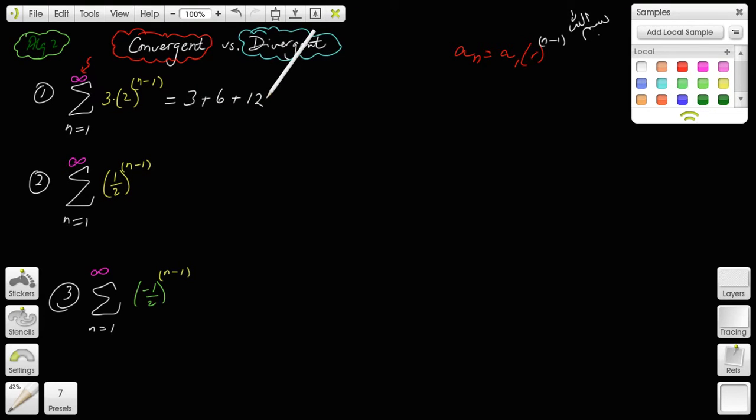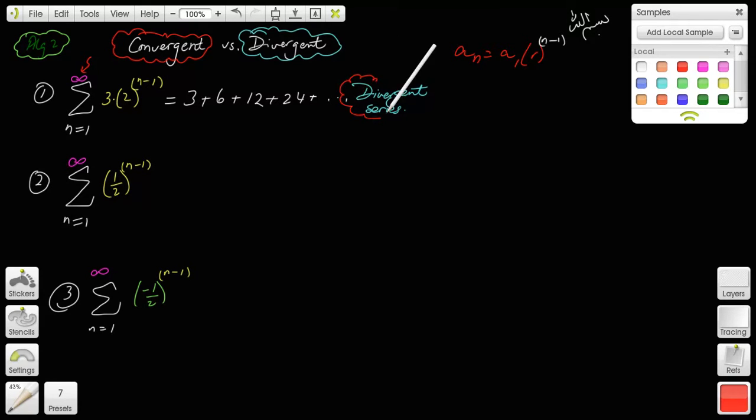This is going to be 12, and that's going to be 24, plus dot dot dot to infinity. Now this is an example of a divergent series.